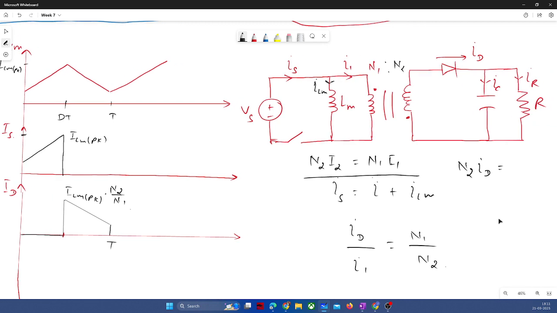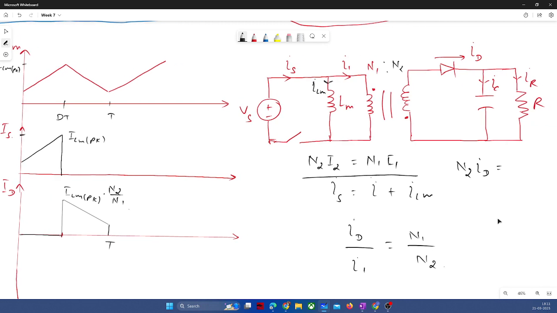But from this relation, this ILM peak should have to be N1 by N2, right? Your ILM peak is on the primary side, that is I1, and we want ID in terms of I1. Let me write N1 into I1. So ID will be ILM N1 by N... No, it is coming the other way.